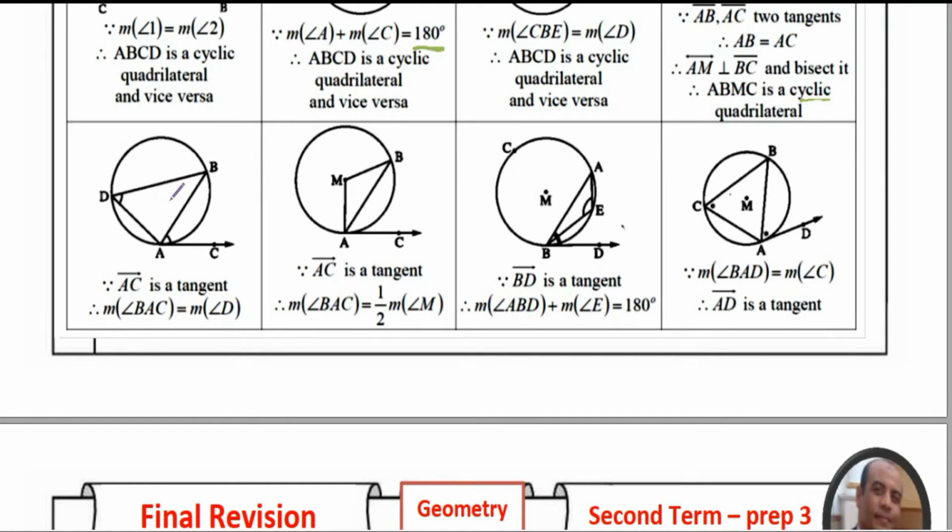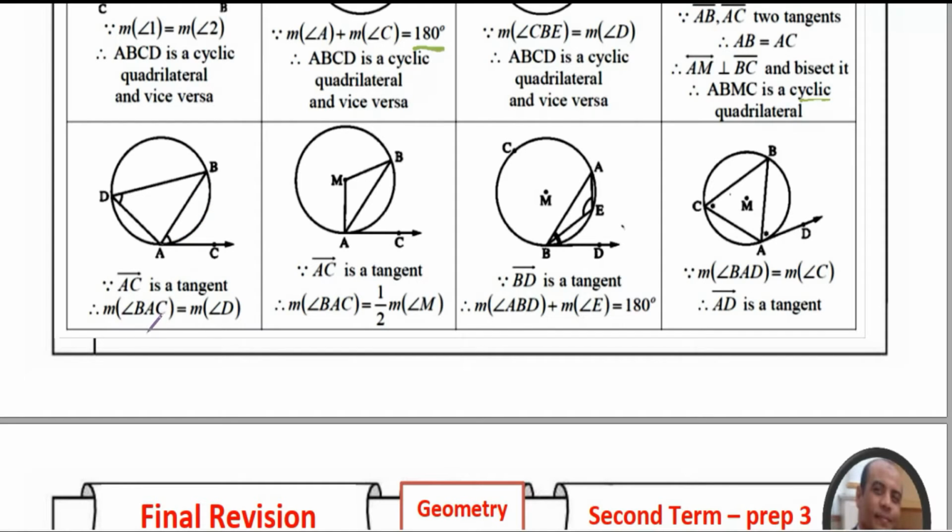Now you have a tangent of this circle at the point A, and this is a chord, and D is an inscribed angle. What do you deduce if AC is a tangent? Therefore, the measure of the angle of tangency BAC equals the measure of the inscribed angle D subtended by the same arc AB.